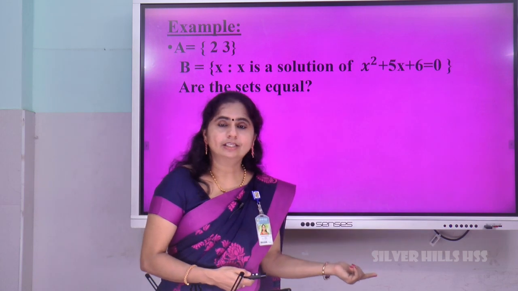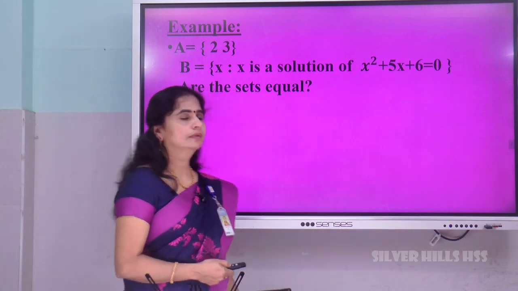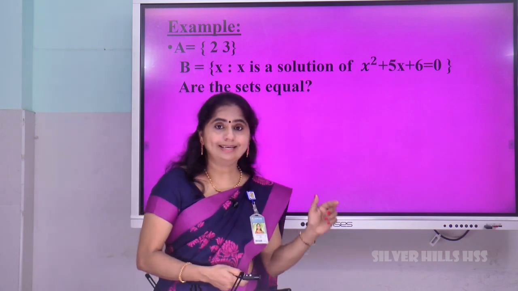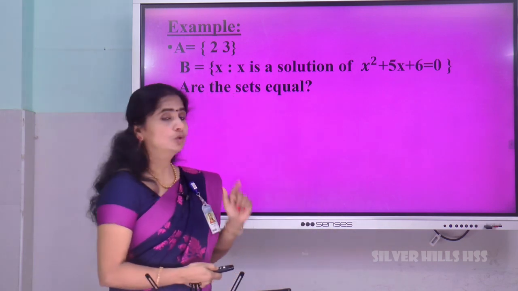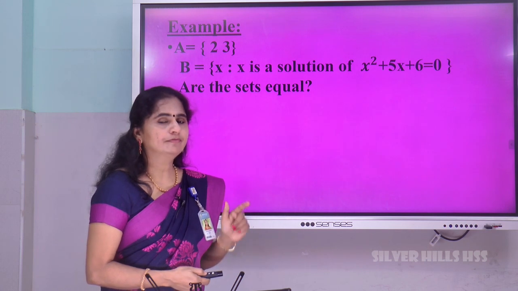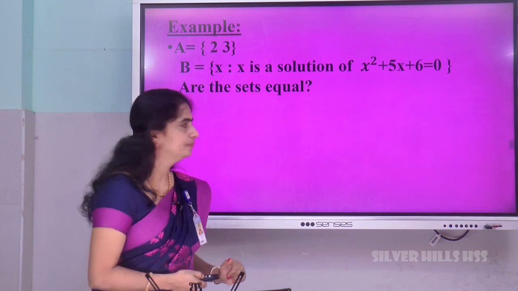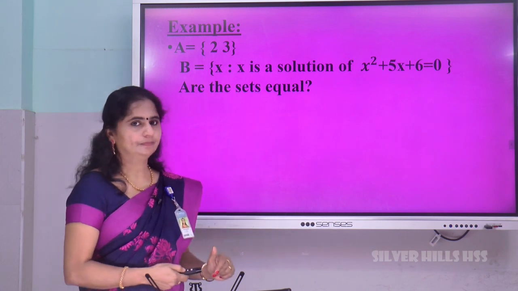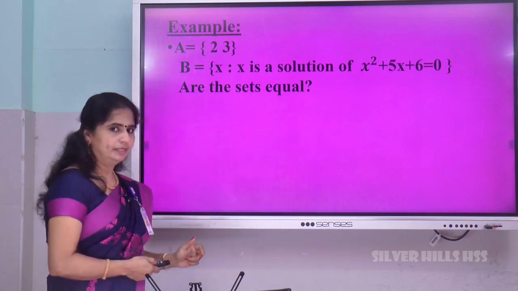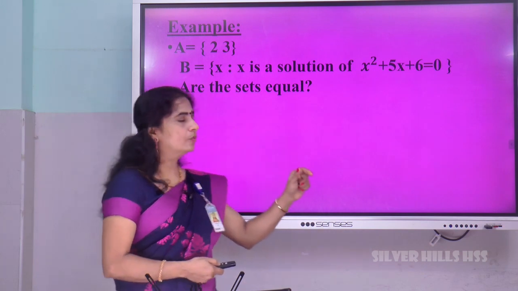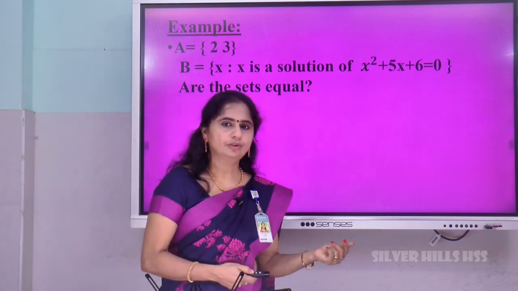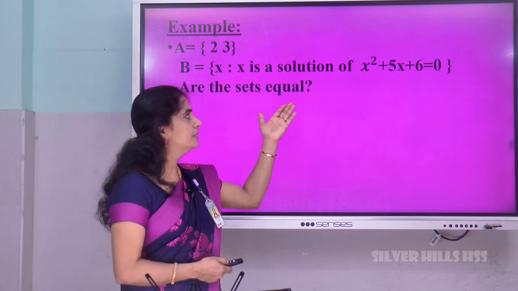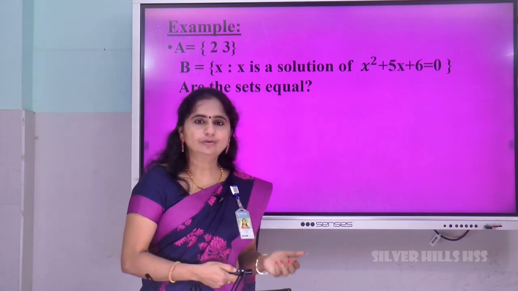A is the set {2, 3}. Let B be the set of all x such that x is a solution of x squared plus 5x plus 6 equal to 0. Now the question is, are the sets equal? So A is the set {2, 3}. When you see x squared plus 5x plus 6 equal to 0, at a glance you may think 2, 3 are the solutions, from (x plus 2)(x plus 3) equal to 0.